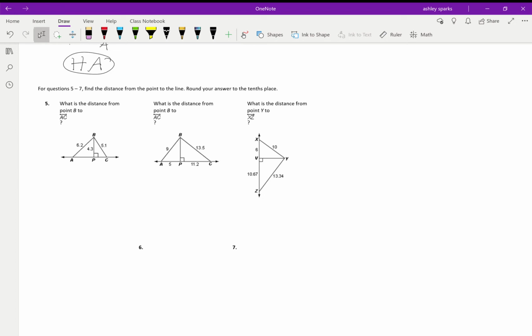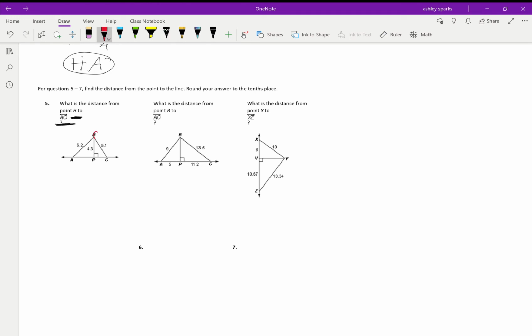Our next problems here, 5 through 7, it asks us to find the distance from a given point. Make sure you are reading through things. Sometimes questions are just super easy. Go with it. Embrace it. So if we're doing number 5, it says, what is the distance from B to AC?